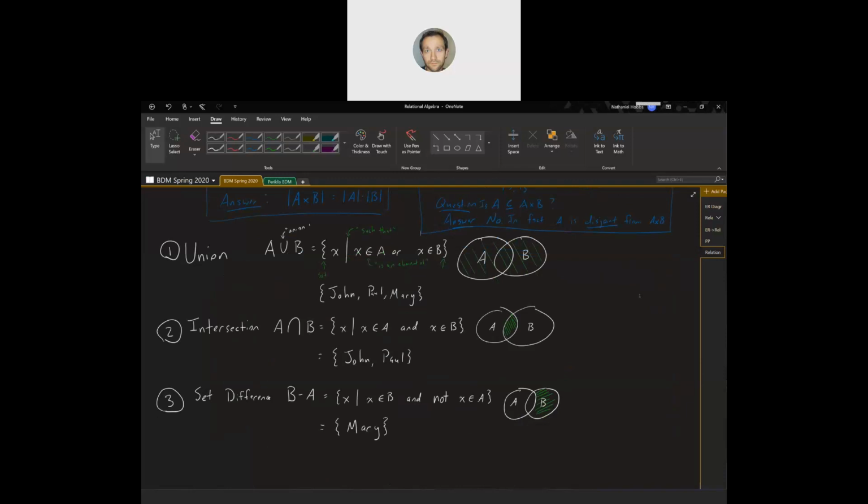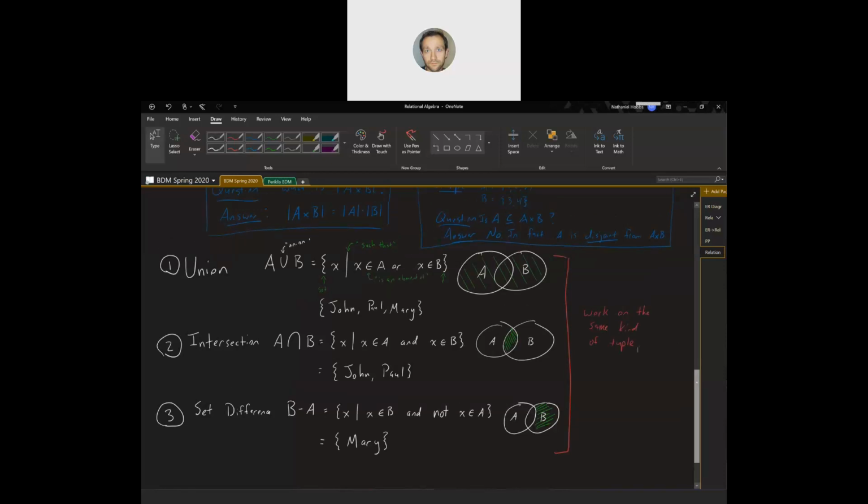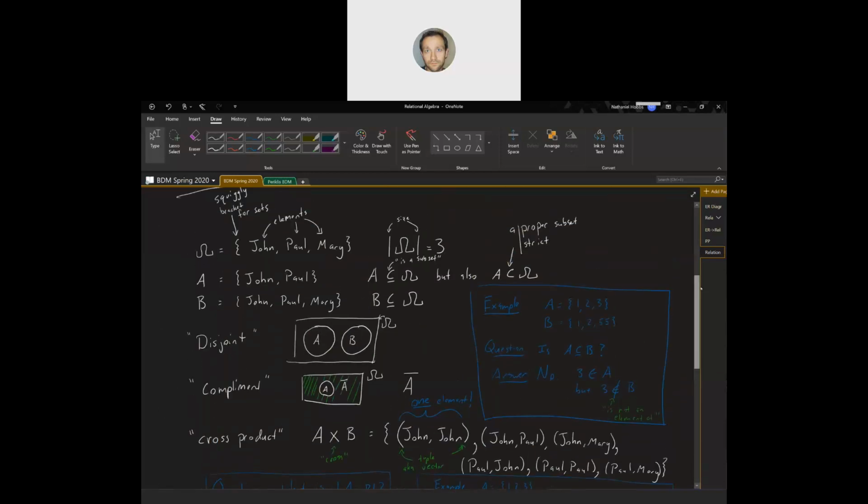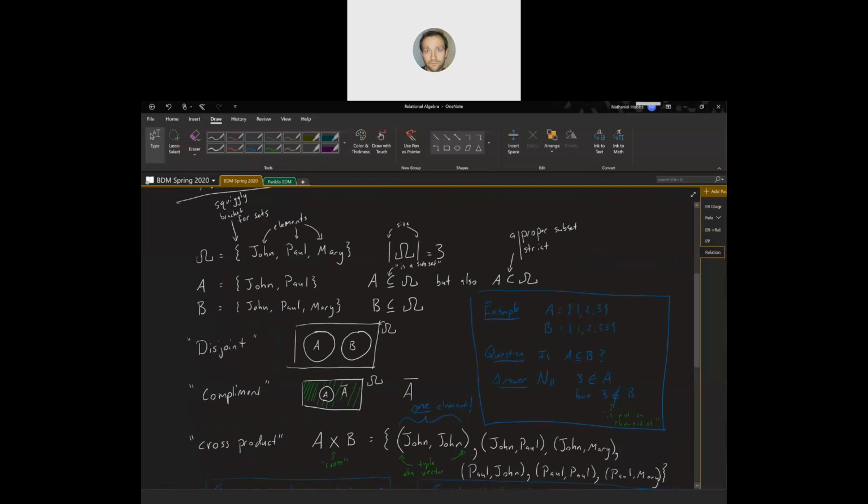And all of these work on the same kind of tuple. What I mean by that is that first of all, the dimensions have to be the same.